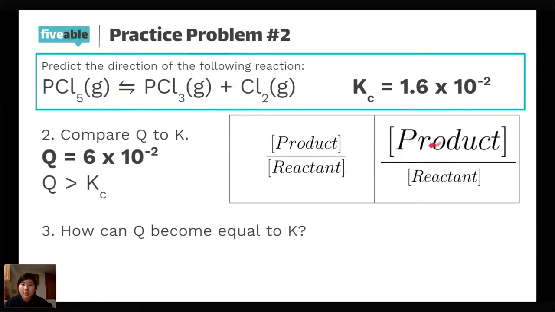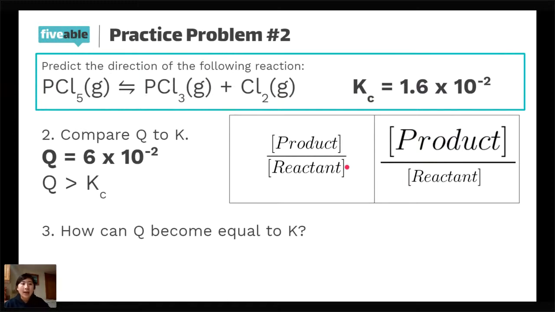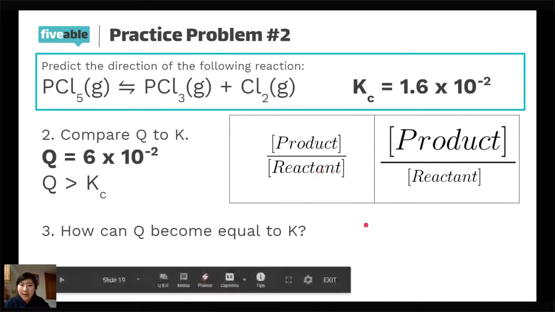So the product is going to start using itself up so that we can create more reactant, and that is exactly how the Q is eventually going to reach the K, the golden ratio for equilibrium. Okay, so I think that is all the slides.